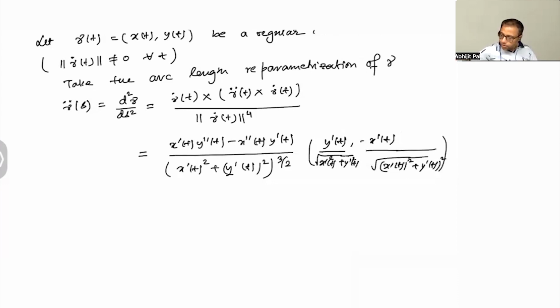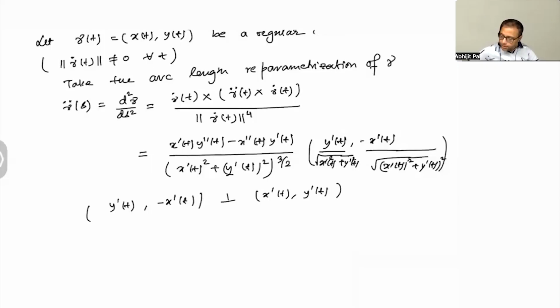Now if I take this vector y prime t, minus x prime t, it is orthogonal to x prime t, y prime t, because if I take the dot product of these two vectors, it is equal to 0.